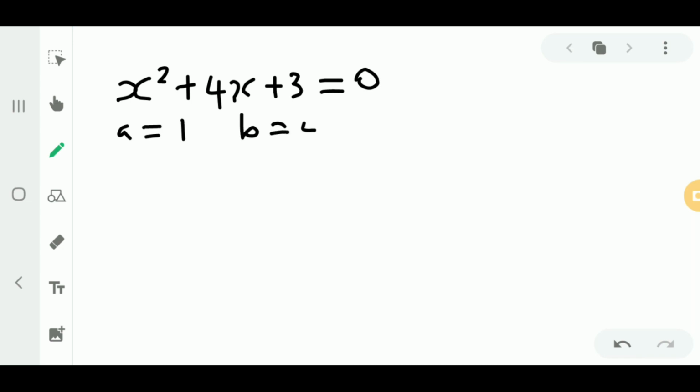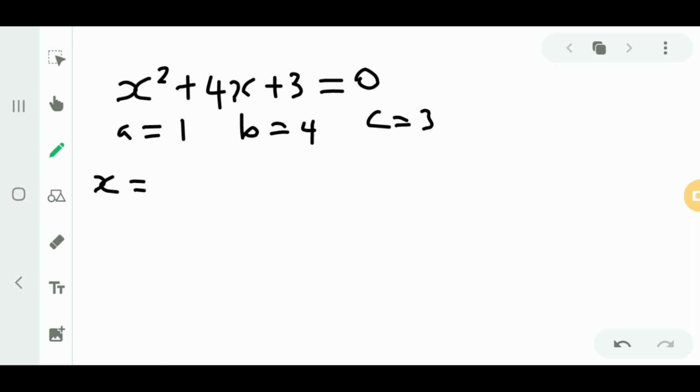Let's try one more. Let's say we have x squared plus 4x plus 3 equals 0. A here is equal to 1. B is 4. C is 3. So we just substitute it into the formula.